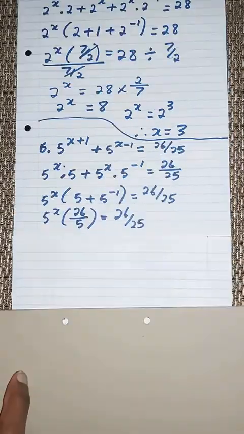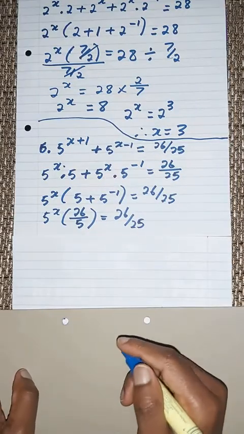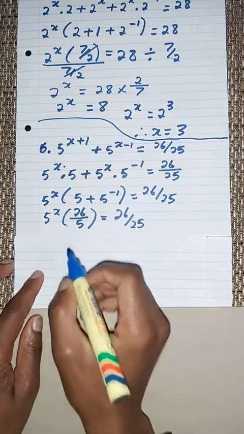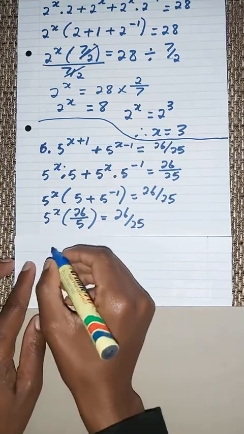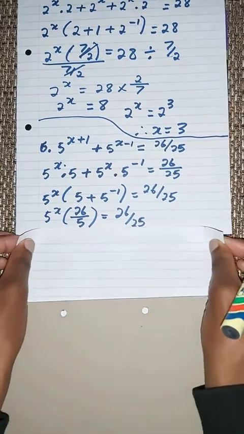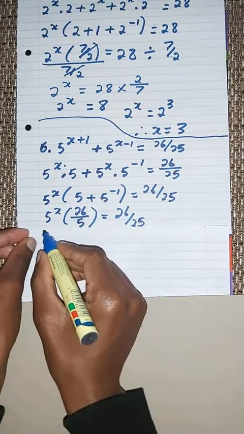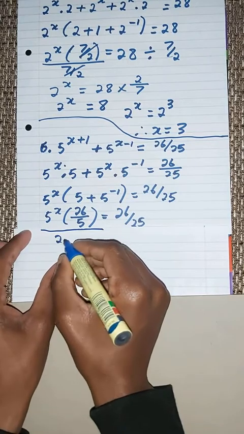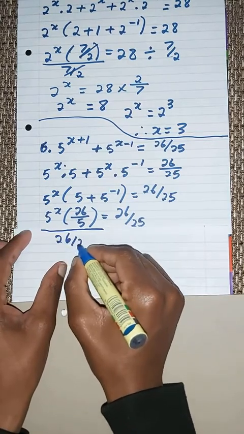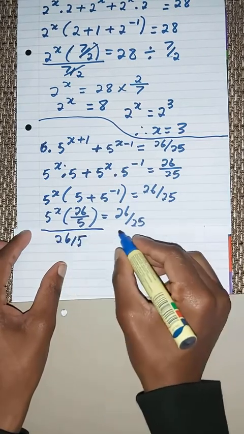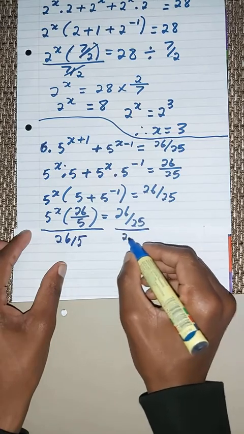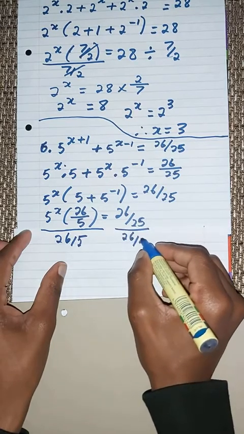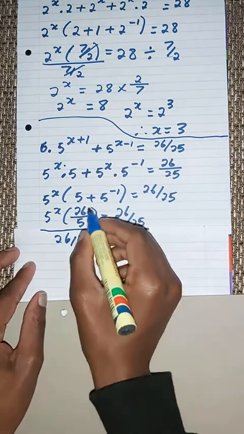When we proceed, we're going to divide this side. So let me just share. So we're going to divide both sides by 26 over 5. Same this side, 26 divided by 5.